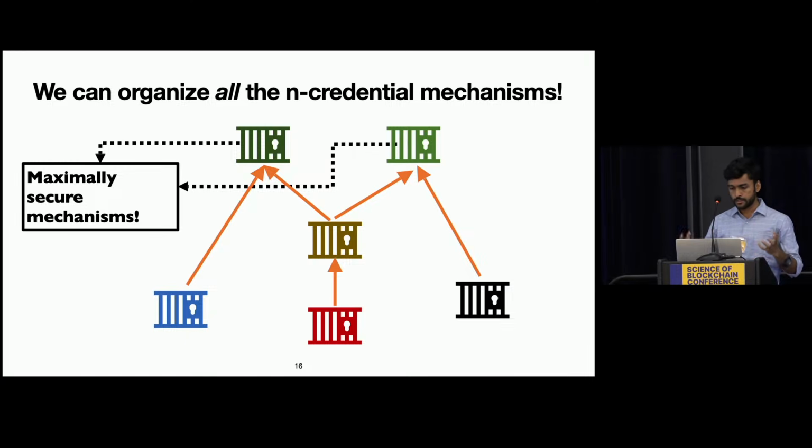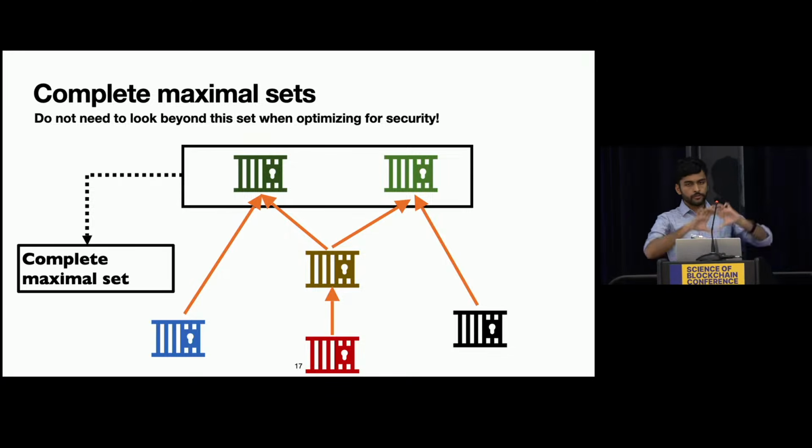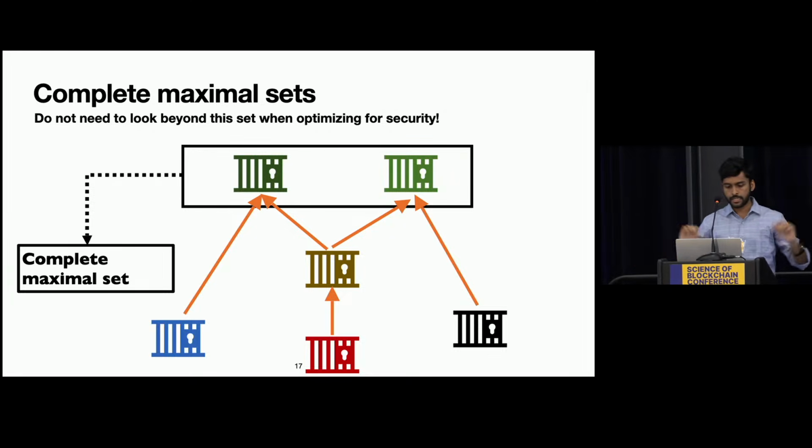And these, as you would imagine, are interesting for us, even from a practical sense, because they offer the best security that we can hope to achieve. Lastly, we use the term complete maximal set to refer to this full set of top level mechanisms. This is the set of all maximally secure mechanisms such that if you pick any other mechanism in the world, it is worse than one of the mechanisms in this set.